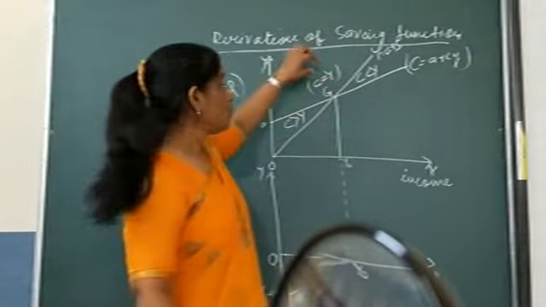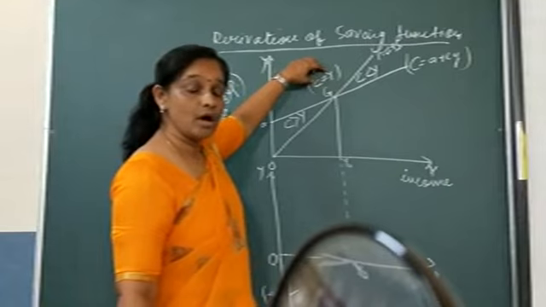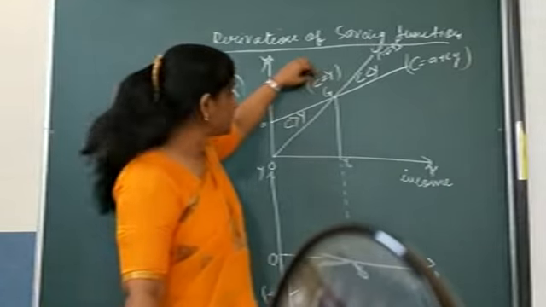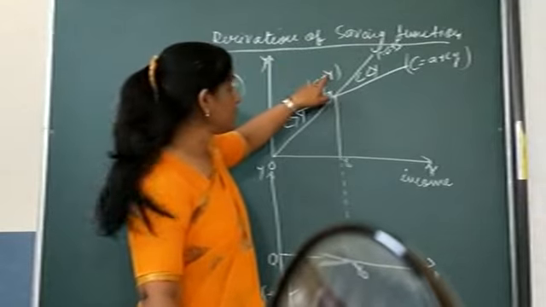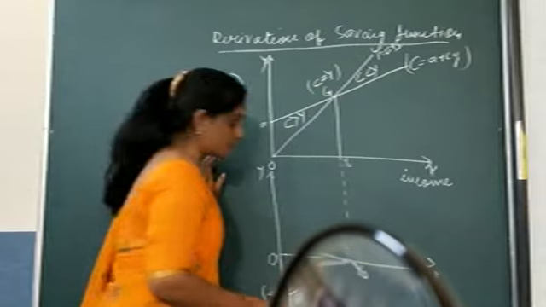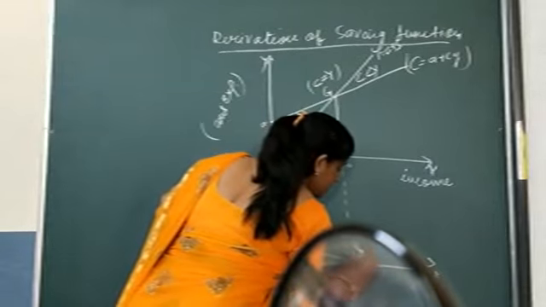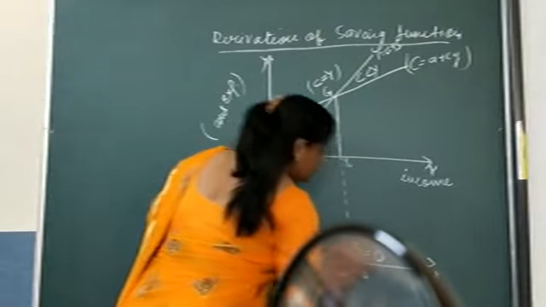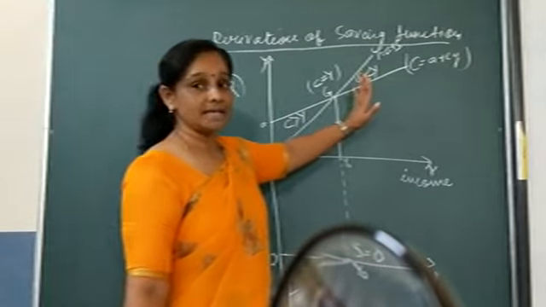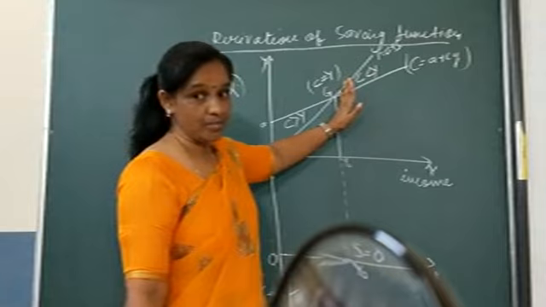Whatever income the economy is earning, the whole income the economy is spending on consumption. So if income is equal to consumption, then here your saving is equal to 0.